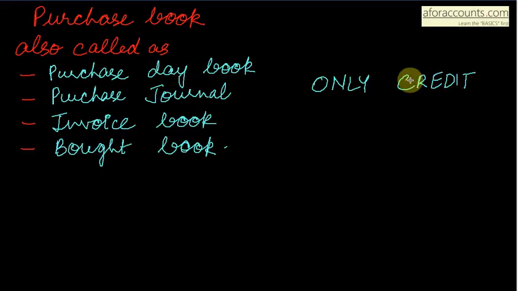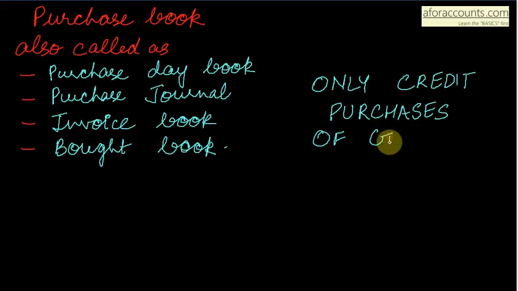Cash purchases, please don't start recording in your cash book. Only credit purchases. And that too of what? Of your goods. Not items other than goods. फर्नीचर खरीदा है, परचेज बुक में नहीं आएगा, even if क्रेडिट में खरीदा है. Only the items in which you are trading and that too you purchase in credit, that only will be recorded in your purchase book.